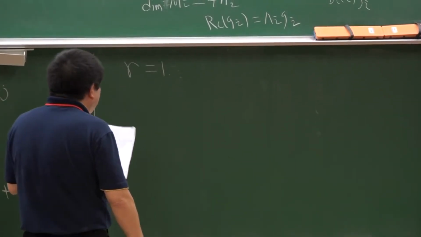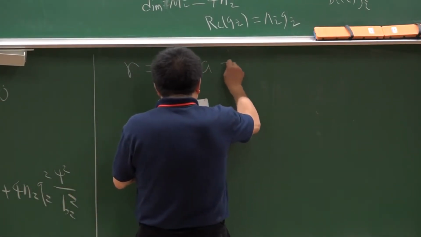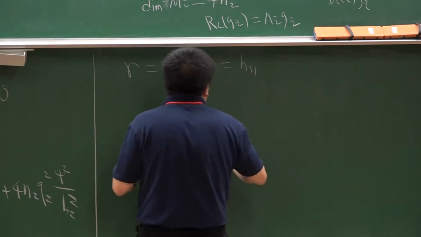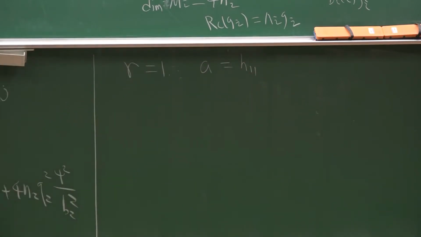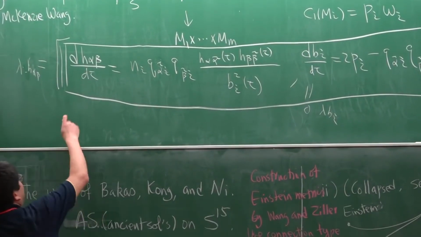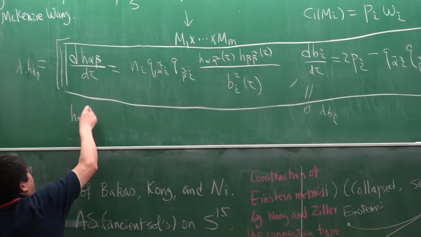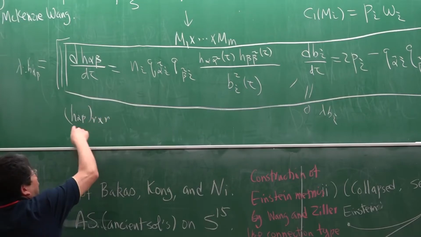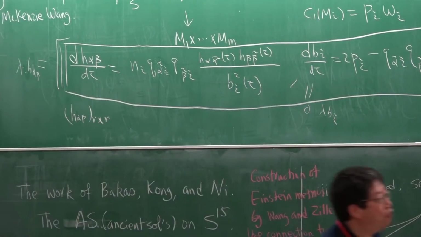So then we let A equal to H11. Because before you have H alpha and beta, which is a kind of matrix, of size R by R. So since R equal to 1, you only need to use one function.